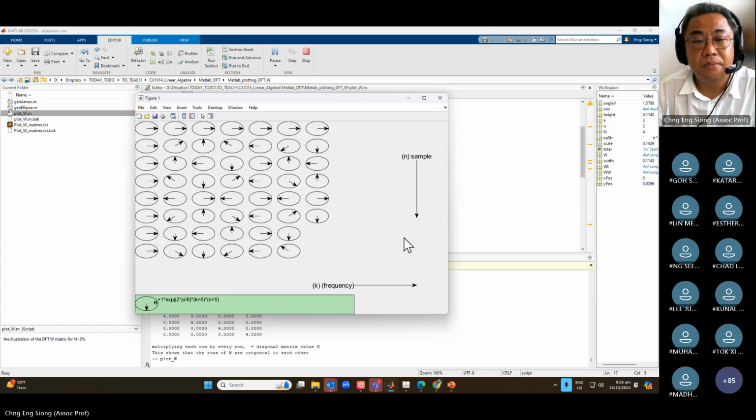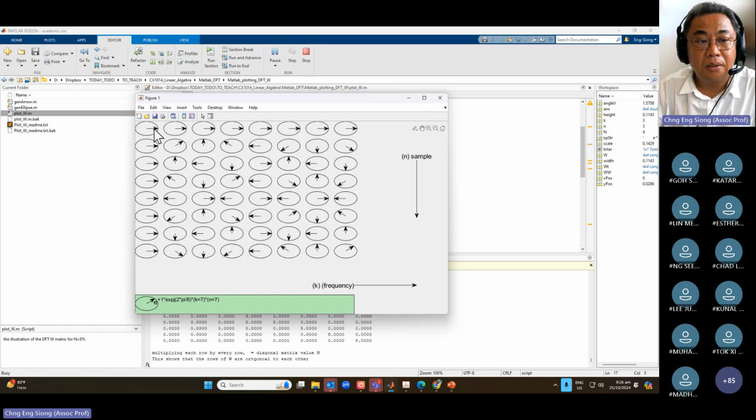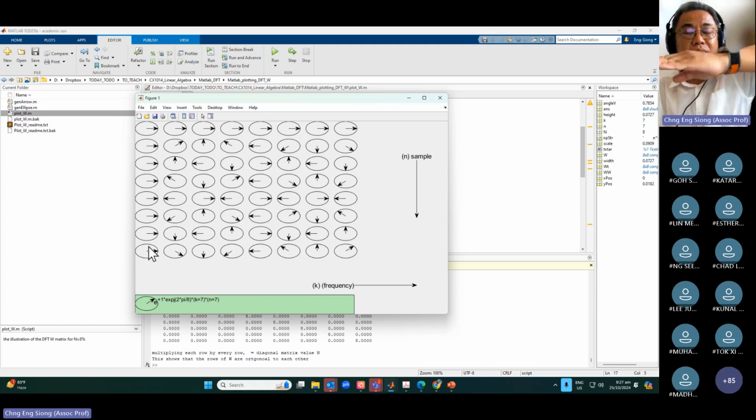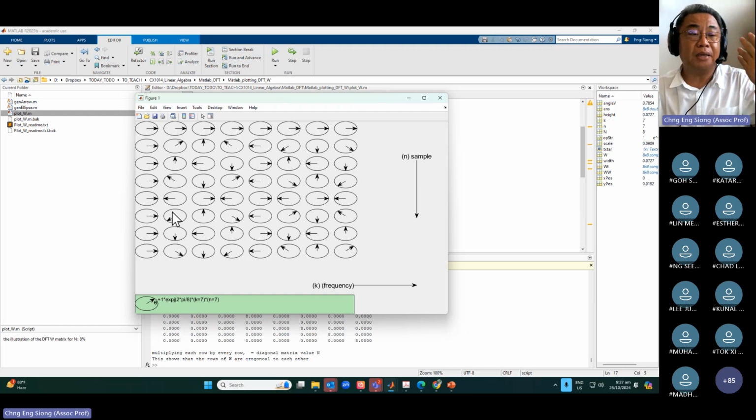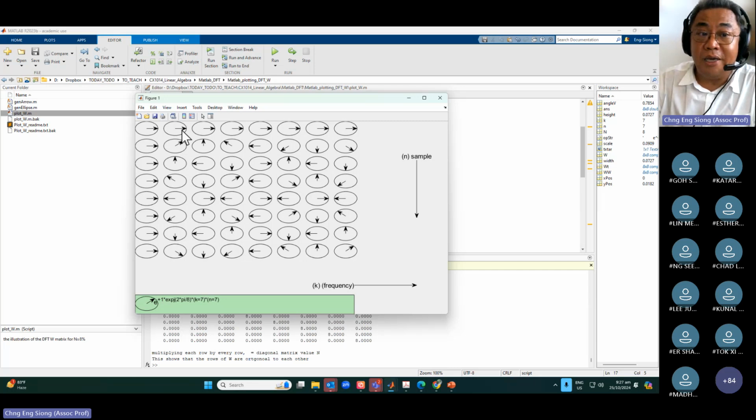This is interesting. K equals to 0, still nothing is happening because 2 pi divided by n times 0 times whatever n is still 0. So 0 degrees means amplitude 1 with 0 degrees. K equals 1 is the most interesting example.